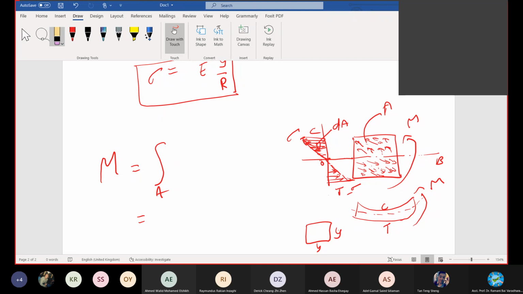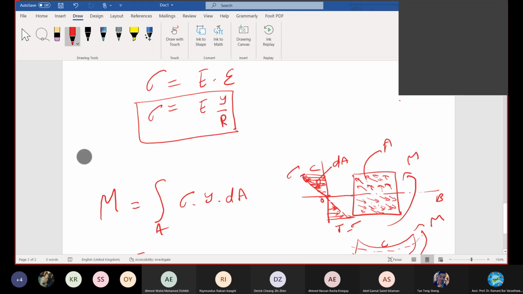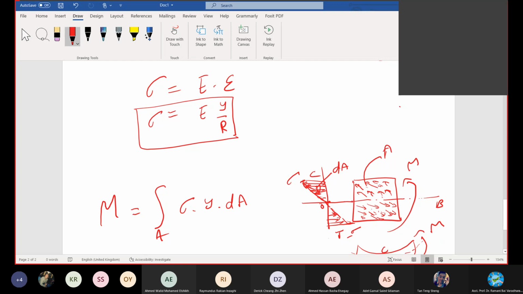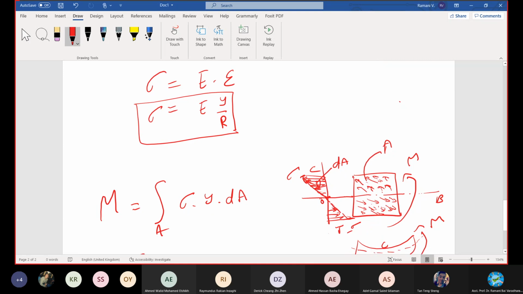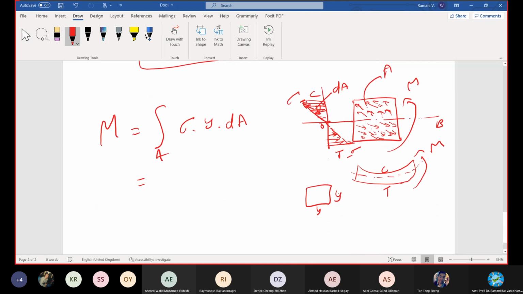Bending moment is equal to stress times y times dA. Okay, I write this statement first. Stress times y times dA, right? Bending moment from this formula. From this formula, you have this E y over R, and then you have the M value stated, y times dA. Okay, proceed with this. I can write what our stress value is.